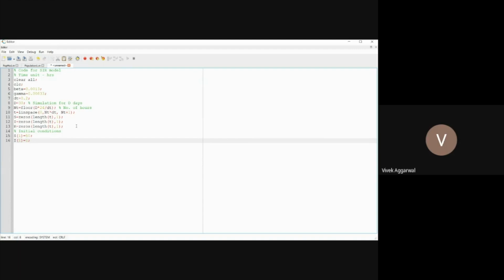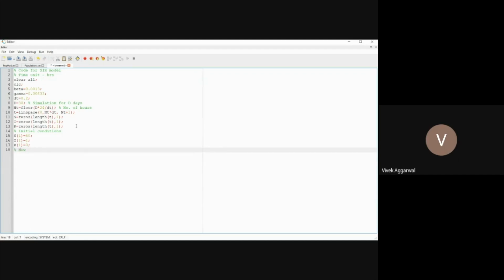Just at the time we started the simulation, only one person was infected. And recovered is 0, so at that time there is no recovered person.